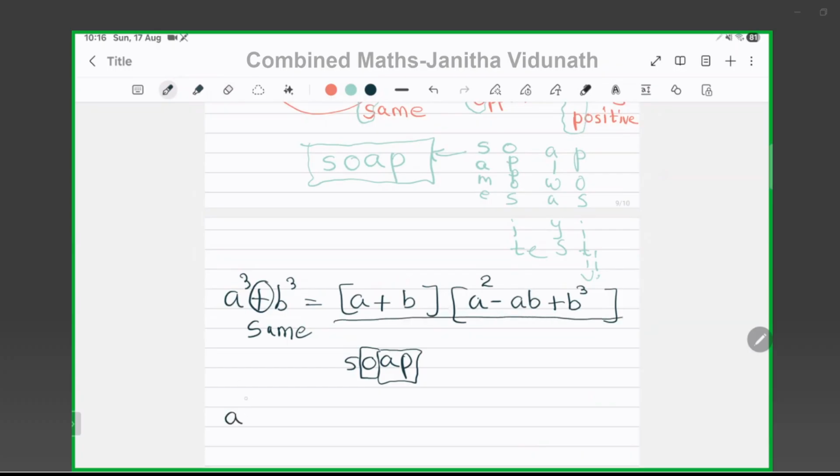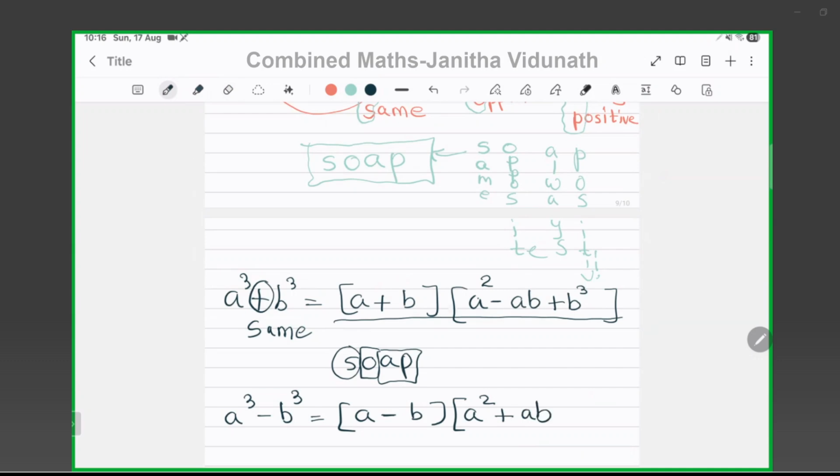Then if we consider a cube minus b cube, we have the a and b terms first. Here our shortcut method says that the first sign is same as the question given. Then the first sign is minus. Then the second sign must be opposite. It is plus. Then we have ab.